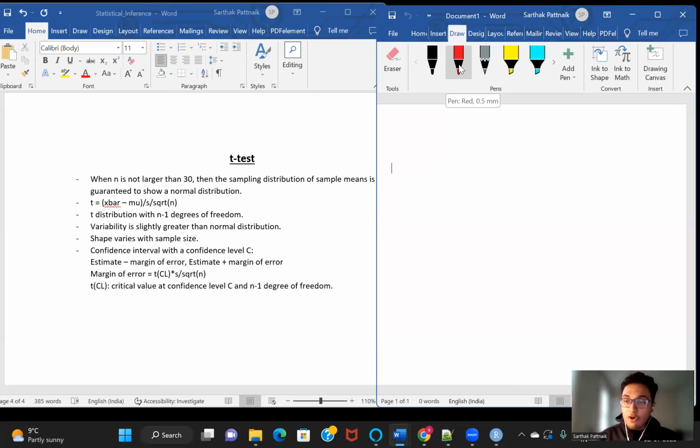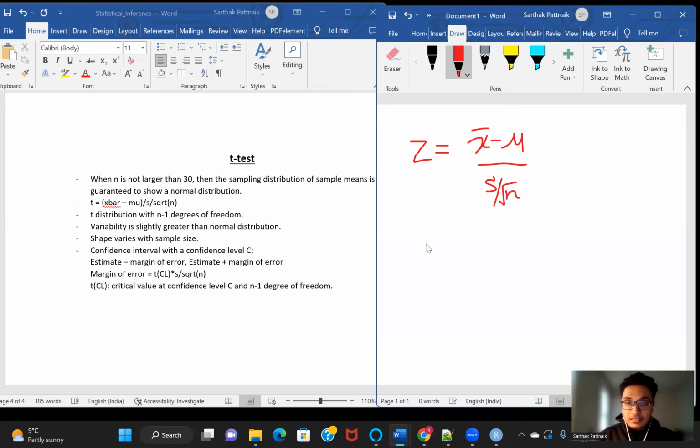Now, these concepts we have already seen when we were discussing z-test. If you remember in z-test, we discussed the test statistic of a test. It was x bar minus mu upon s by square root of n.